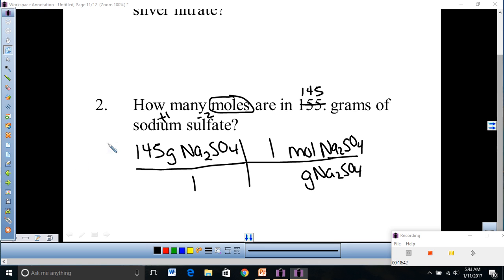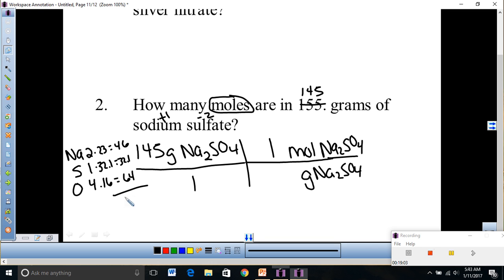It's not going to let me go down, so I'm going to come over here to the side. Sodium, there are 2 of them, and it weighs 23. That's 46. Sulfur, there's 1, and it is 32.1. And then oxygen, there are 4, and that is 16. 64. Sorry, I'm writing small there. And we'll add those together. We'll get 142.1.